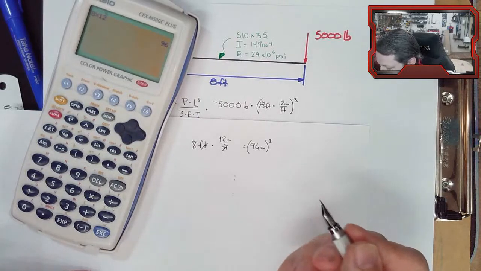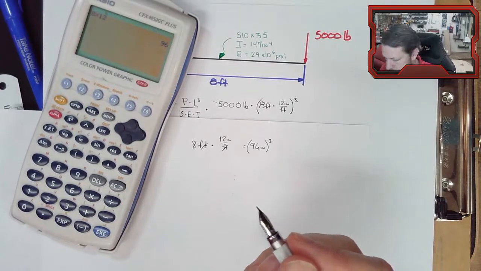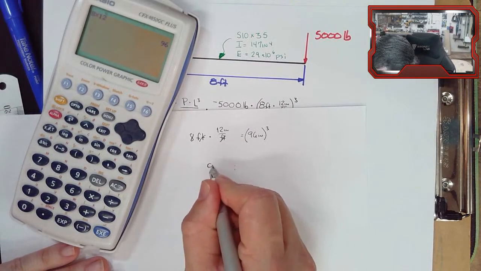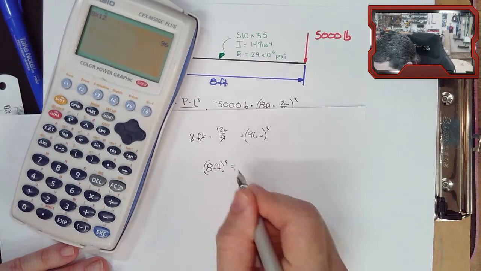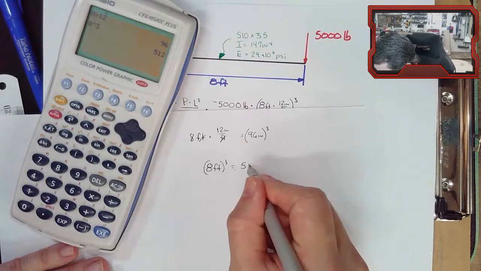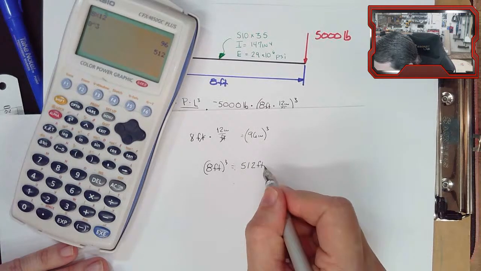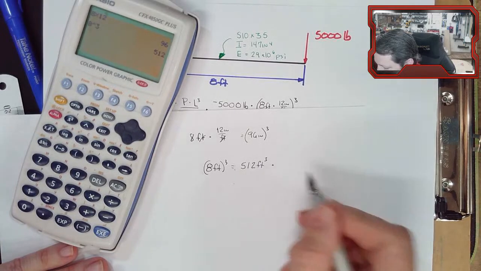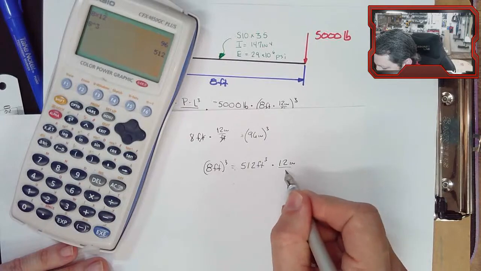But if I did it in another order, where I just go more like this, 8 feet cubed, 8 to the third is 512, and that's feet cubed, and I want to convert it over to inches cubed. I remember the conversion is 12 inches per foot.